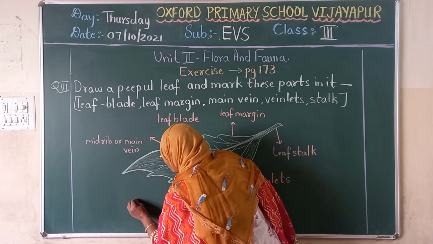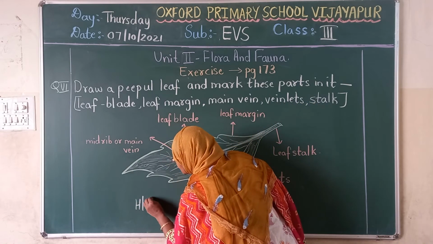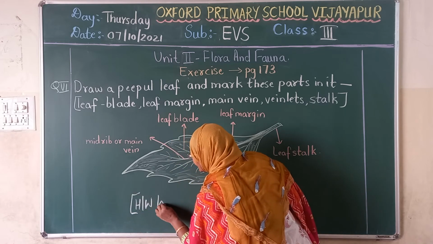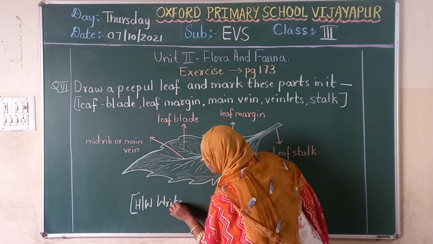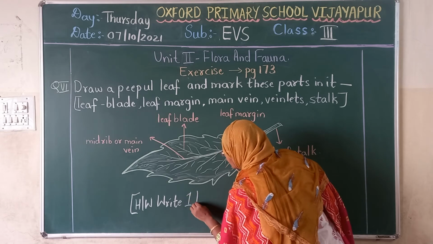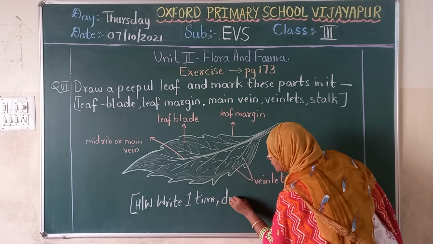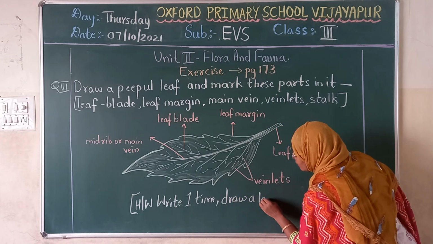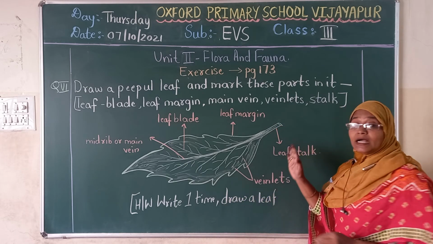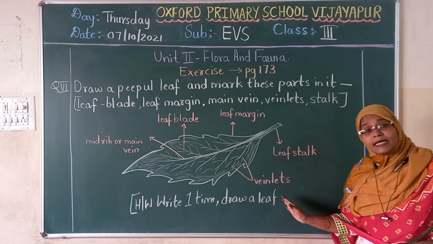And now note down your homework. Your homework is you have to write that tick right or wrong one time in your notebook. Okay. Then you have to draw a leaf with color. Compulsory you have to color it.